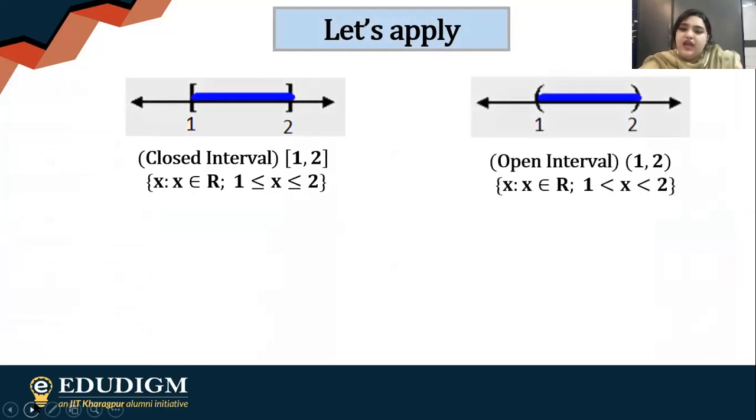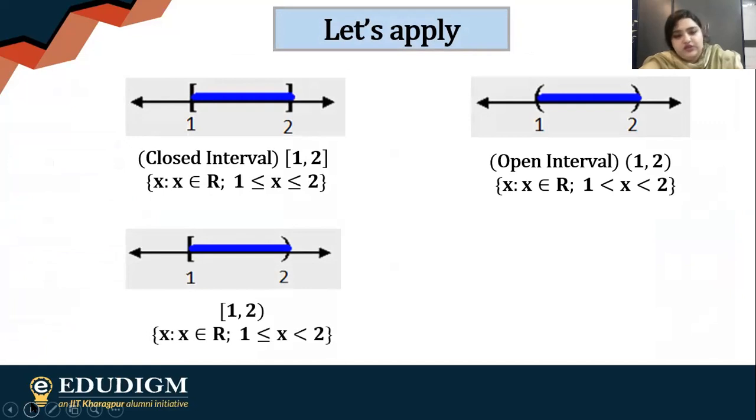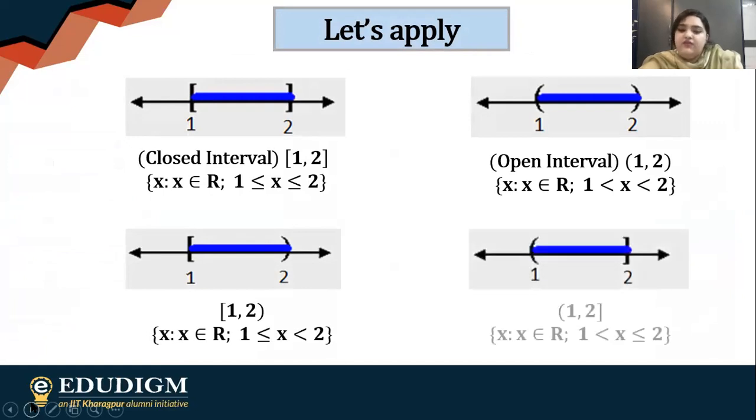In this one, we don't have any inclusion at all. In the third one, we have 1 included, whereas 2 is not included. And in the final one, 1 is not included, but 2 is included. We have also written down the corresponding inequalities. So I hope you understand that whenever you see any form, you know how to represent the same thing in the other forms as well.